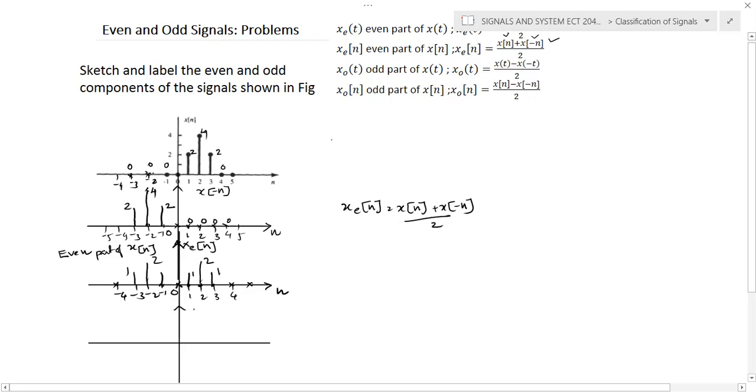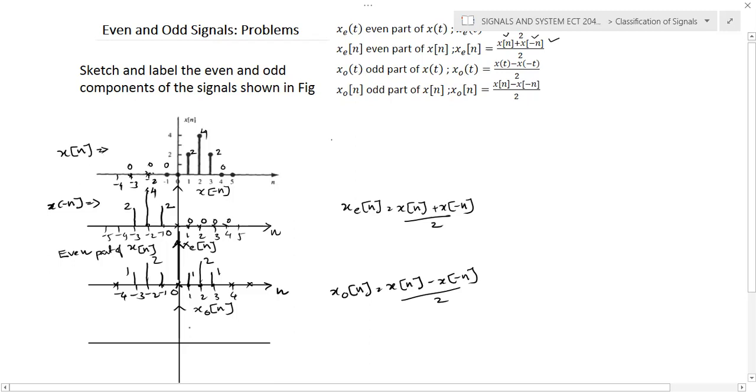Now we need to find out x odd of n. Okay, x odd of n we can calculate by using the formula [x of n minus x of minus n] by 2. So we need to subtract x of minus n, that is the second signal. This is x of minus n, and this is x of n.